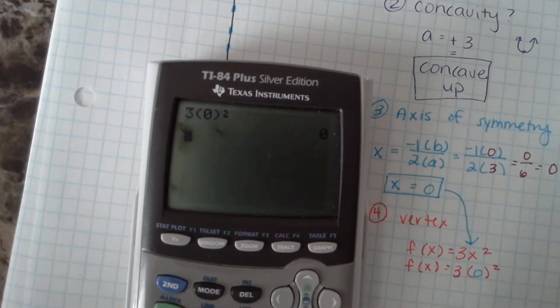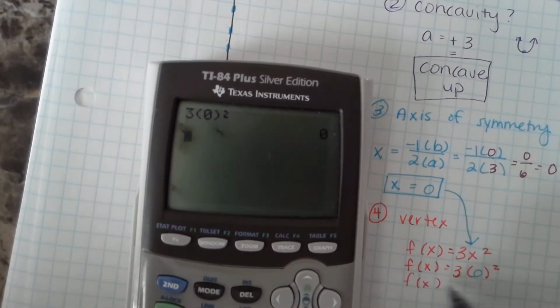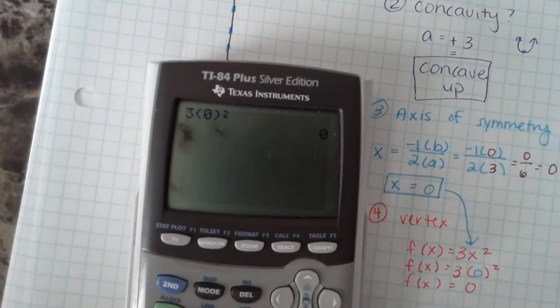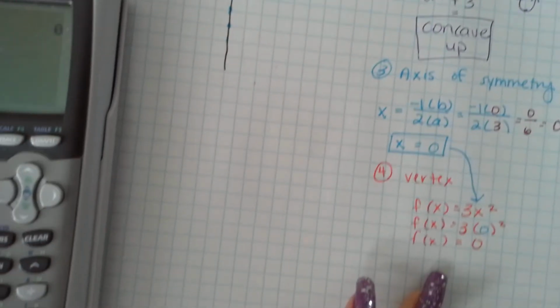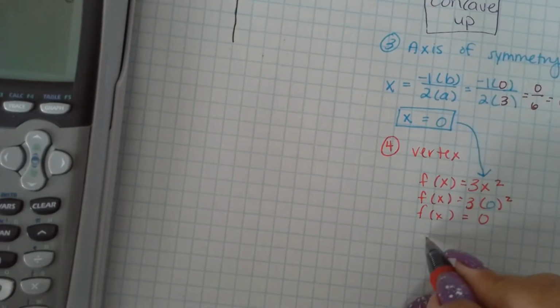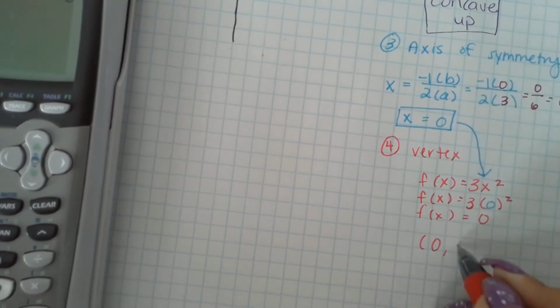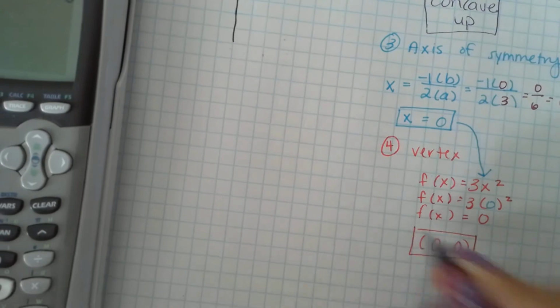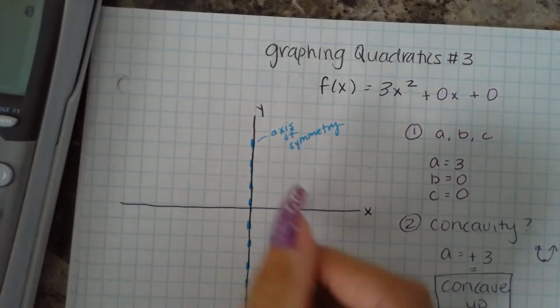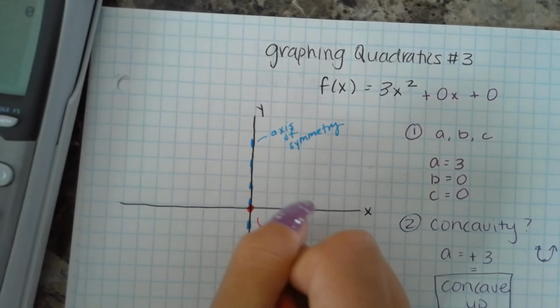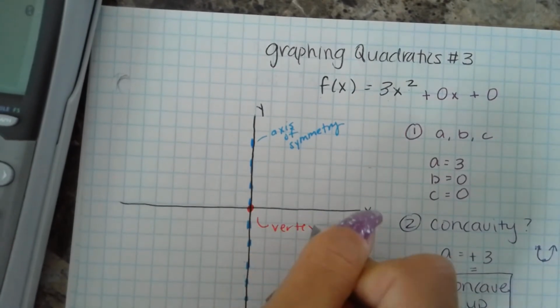That gives us f of x equals 0. So we know that our vertex x is 0 and y is 0. So this is our vertex. Let's go ahead and plot that point right here.